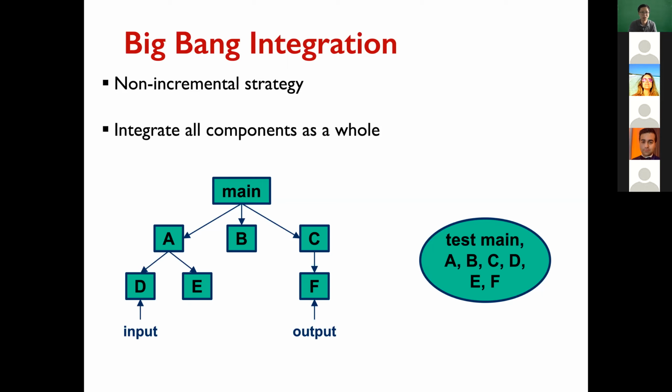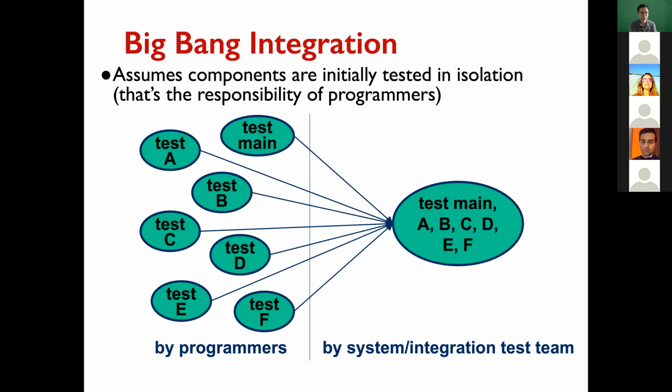So that's a big bang integration. There's no incremental strategy. After we test each unit in isolation, then we test the whole system. That's a big bang strategy.